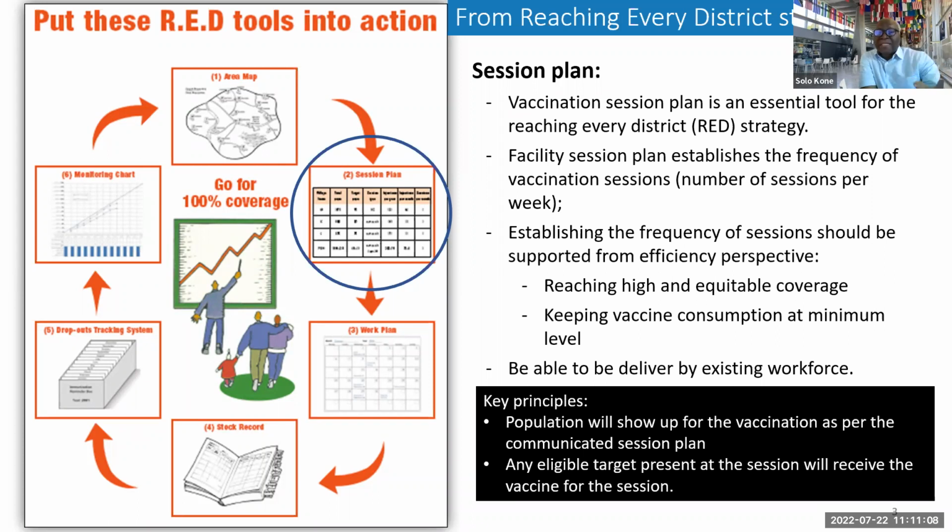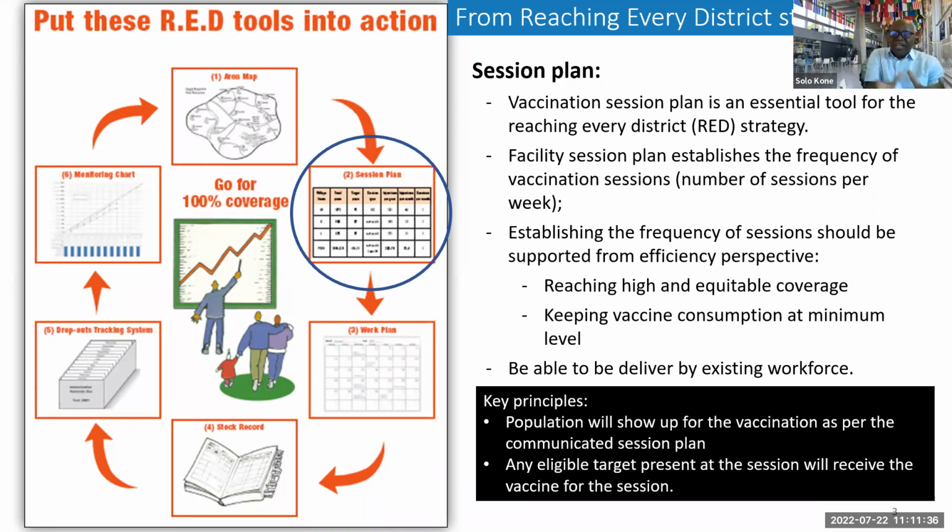And if you look at the tools the RED initiative developed, the session plan was one of the key tools for these strategies. It provides a table displaying the facility session frequencies in terms of numbers, especially per week or per month.